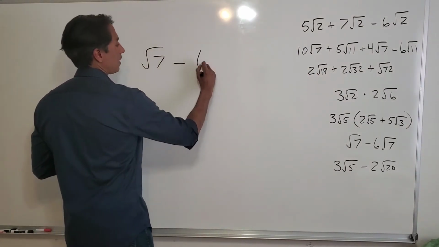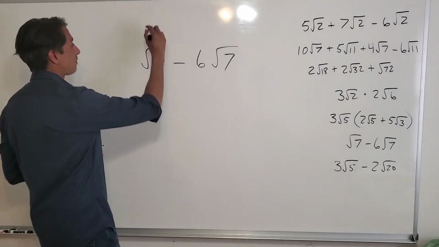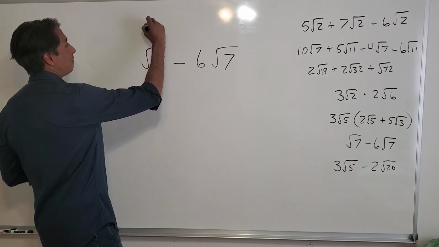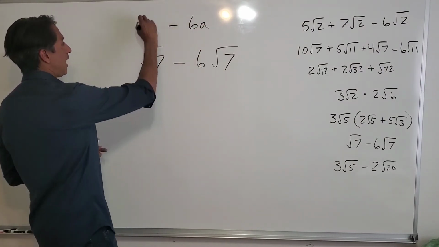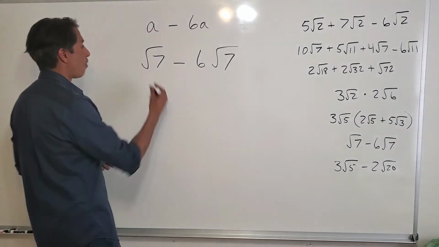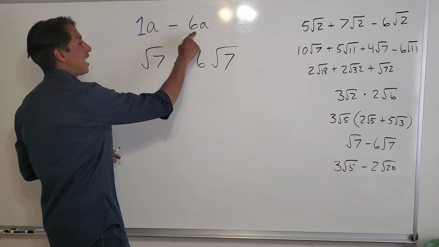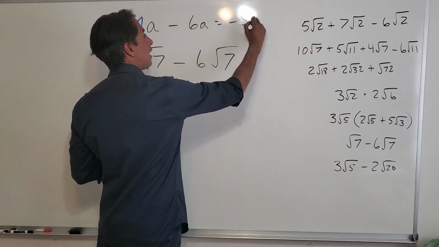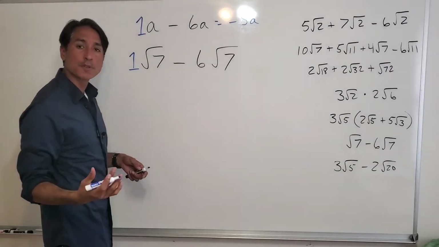Square root 7 minus 6 square root 7. Well, we could look at this as the same thing as a minus 6a's. 1a, and then again, can you put a 1 here? Sure, if that helps your brain. 1a minus 6a's is negative 5a's. Can I put a 1 here as a placeholder if that helps my brain?